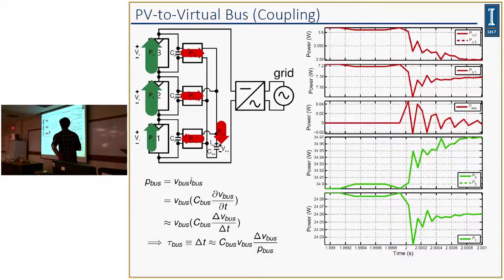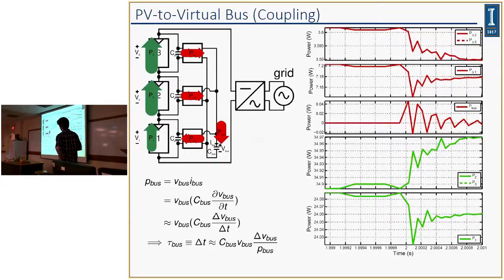So what does that look like when you zoom in to 2 seconds? You have that the bus capacitor is sinking power for about 1 millisecond, and it decays according to a time constant calculated by this equation. So you have P_bus equal to V_bus times I_bus, and then you use the capacitor current equation, plug it in there, rearrange terms, and you get this expression for how fast this decays. That's directly proportional to how big your bus capacitor is.